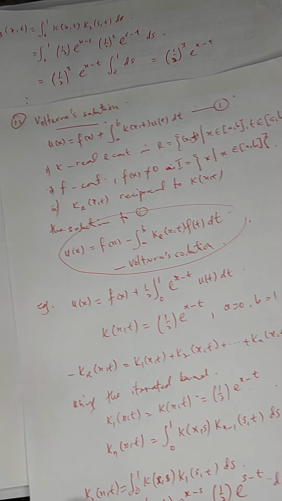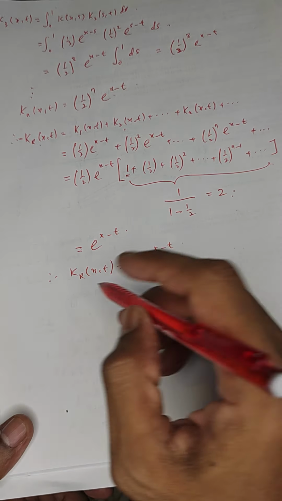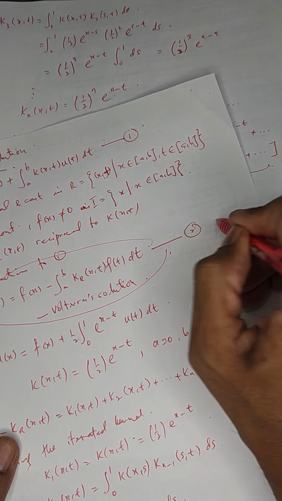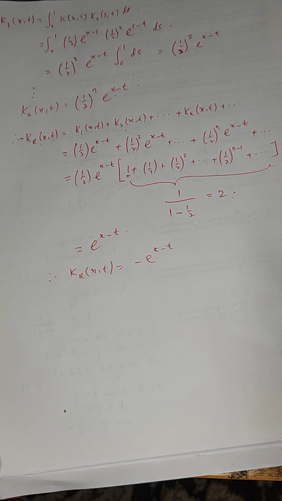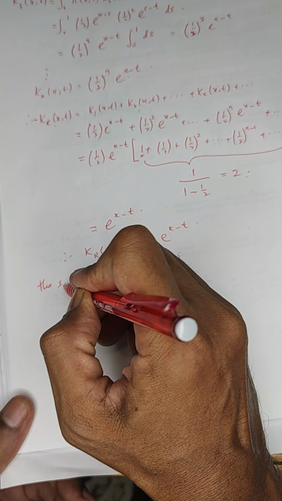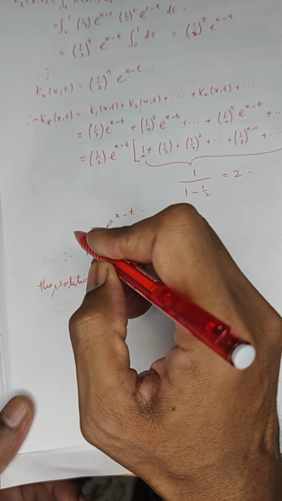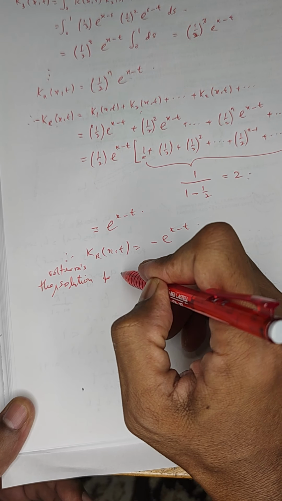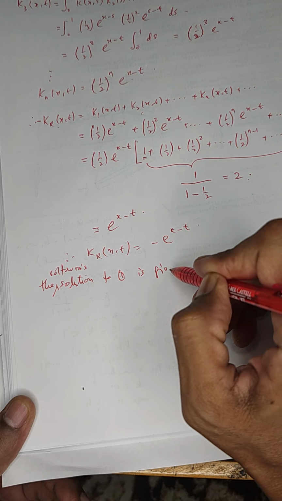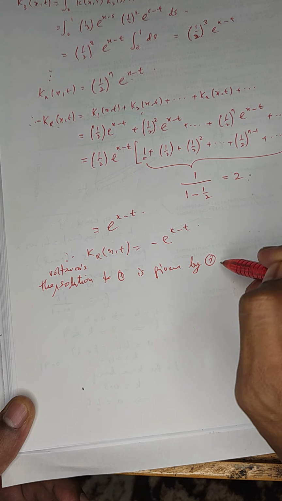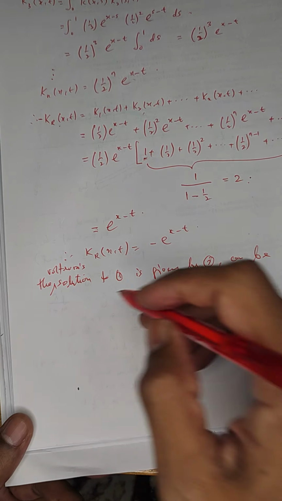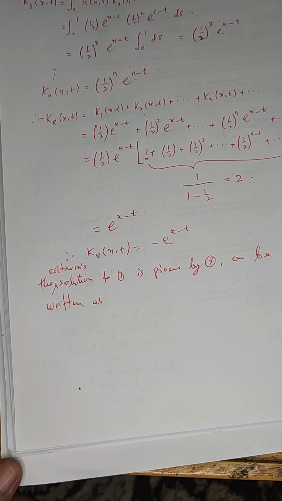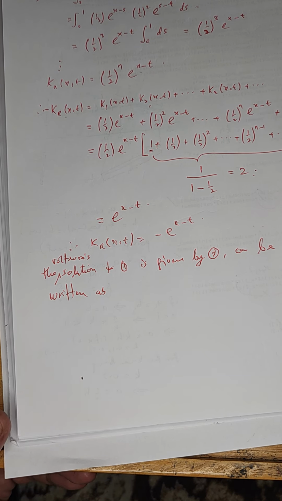Therefore the Volterra solution can be written as that. Let me give a number: let's call this equation 1, and this equation 2. The Volterra solution to 1 is given by 2, and you just substitute everything into 2.